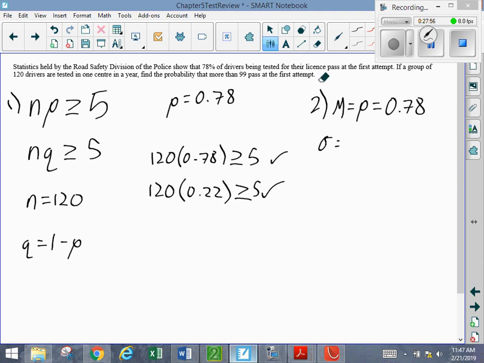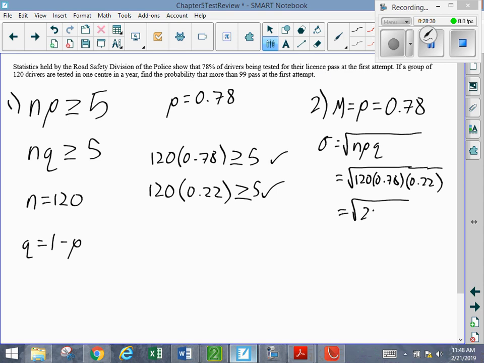And my standard deviation, remember, is the square root of N times P times Q, which in this case is 120 times 0.78 times 0.22, which turns out to be the square root of 20.592, which is approximately 4.54.